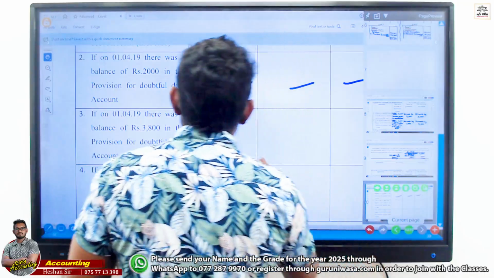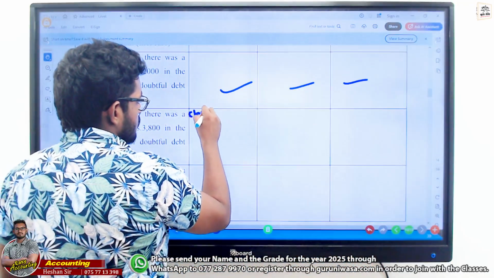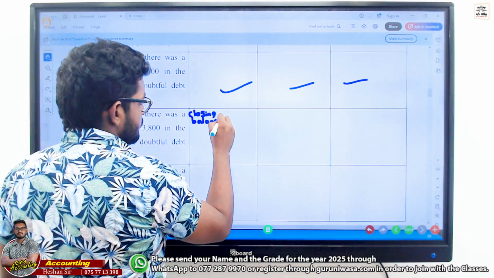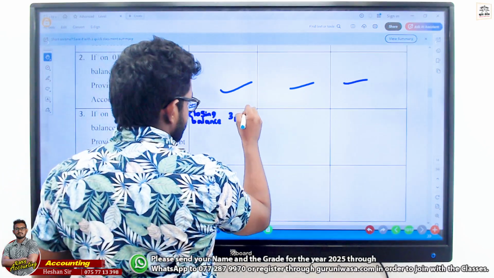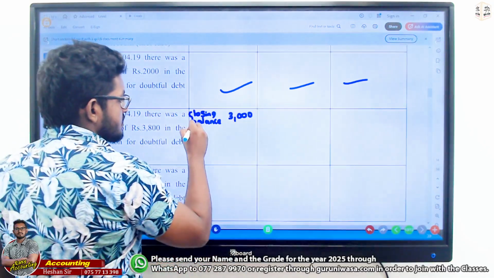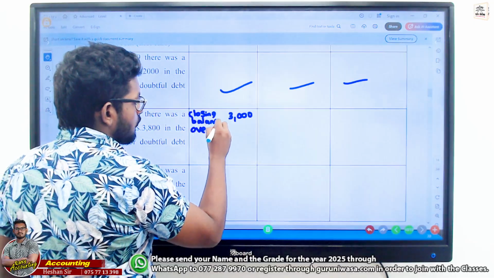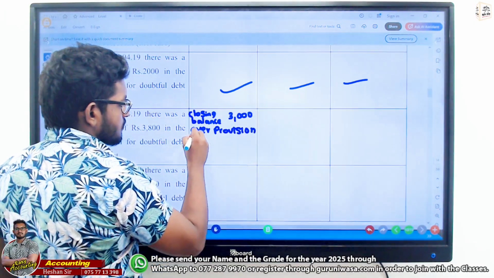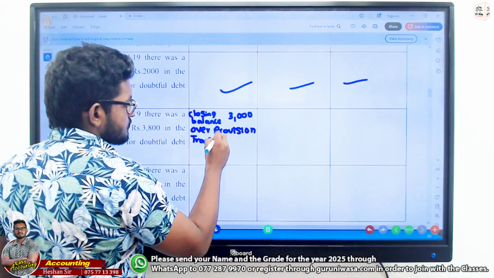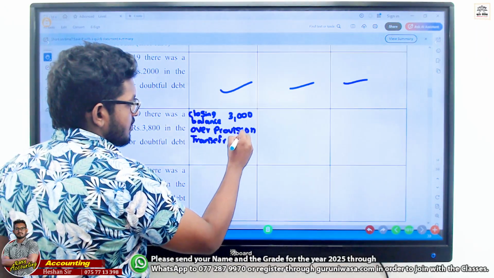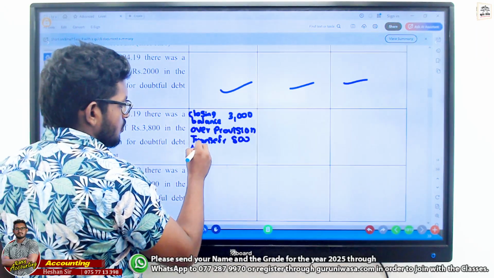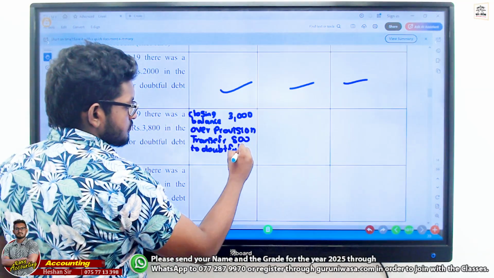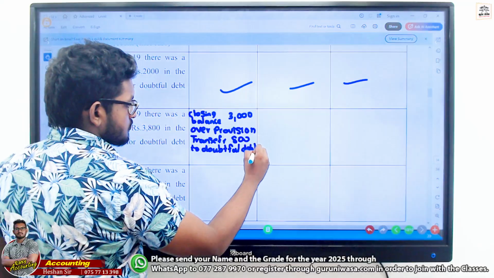This is an over provision. Transfer 800 to doubtful debt, credit side.